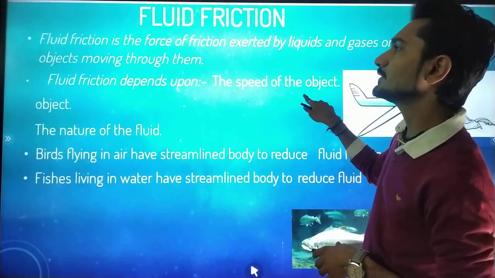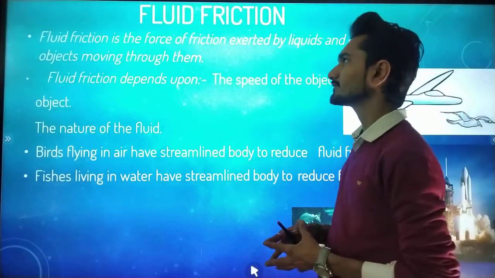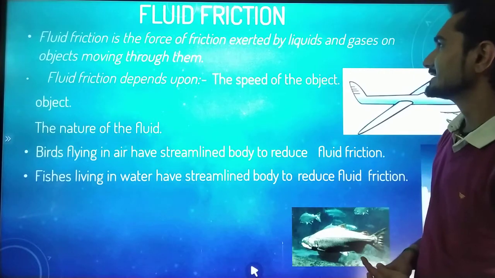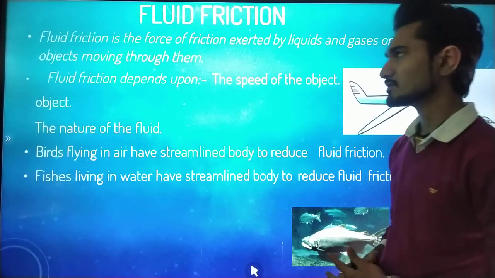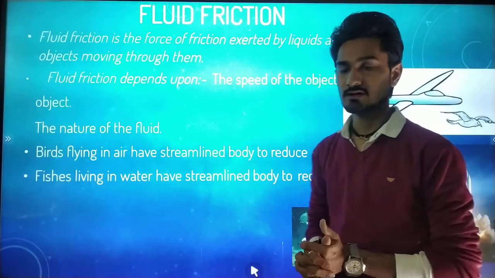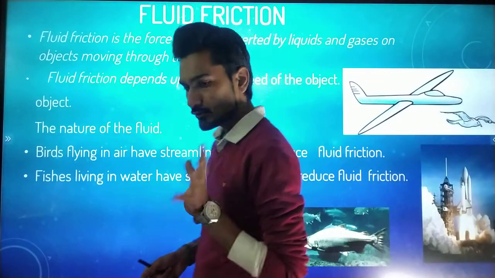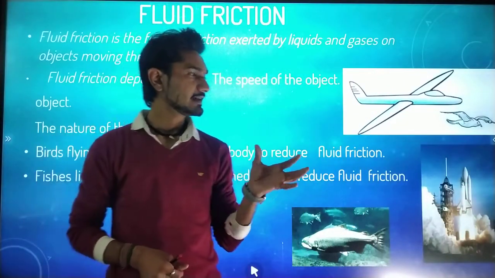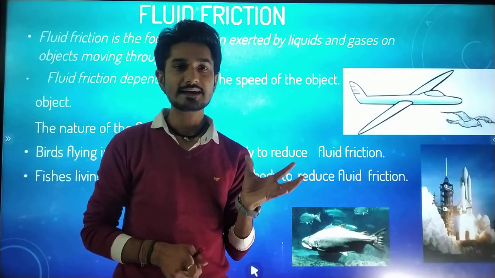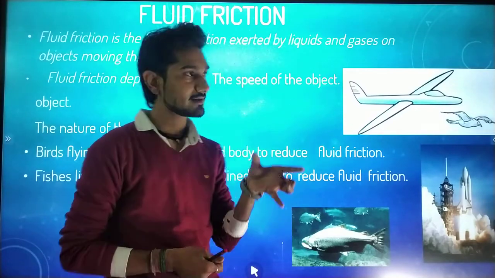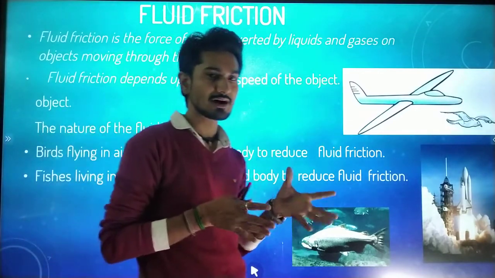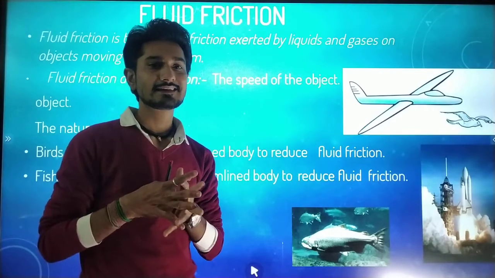Now what is fluid friction? Fluid friction is the force of friction exerted by liquids and gases on objects moving through them. Fluid friction is the amount of friction produced by liquids and gases.